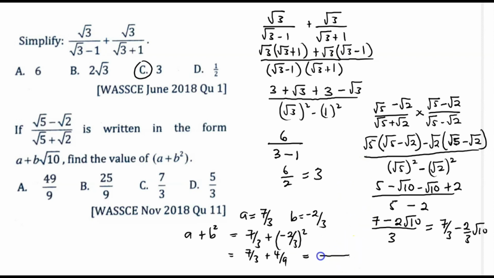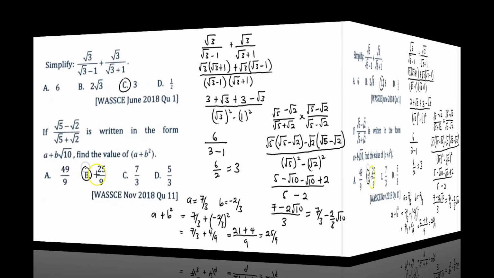LCM is actually 9. 3 goes into 9 3 times, 7 times 3 is 21. And then 9 goes into itself 1 time, times 4, so we have 4. So finally we are getting 25 on 9. So 25 on 9 is the solution for the question here.